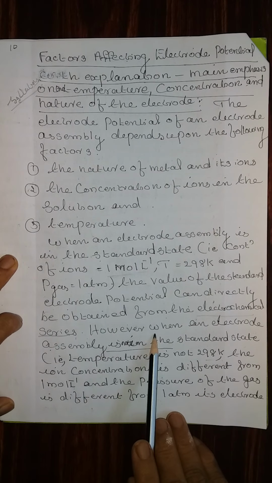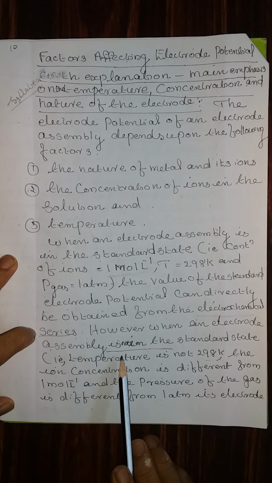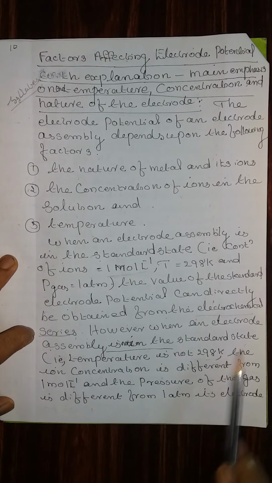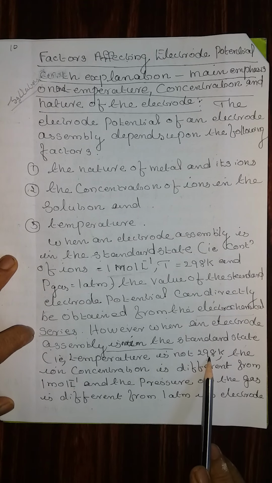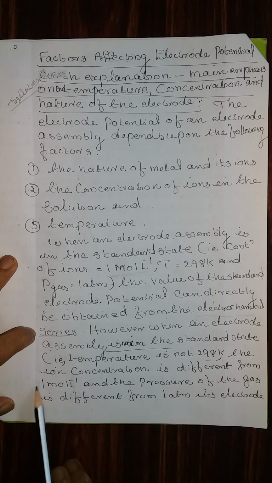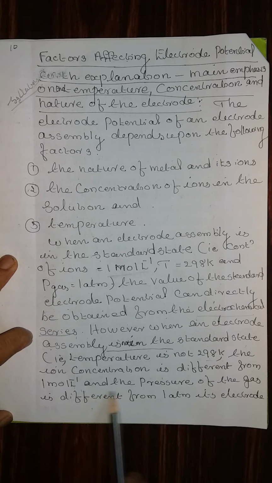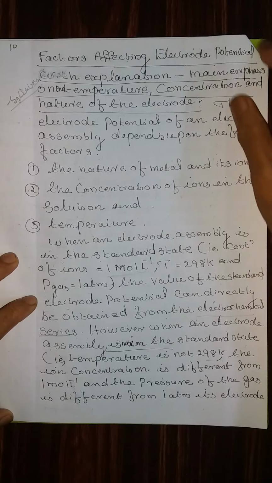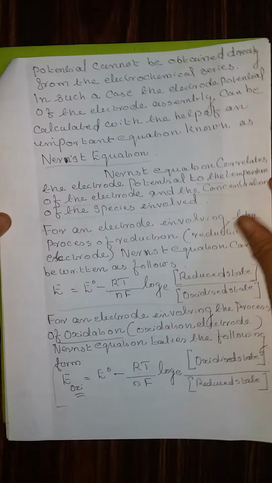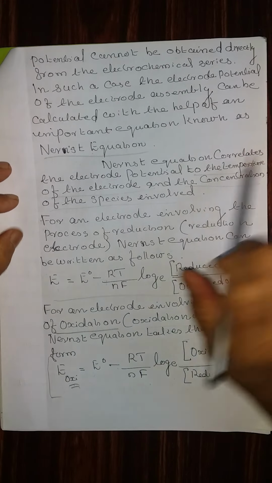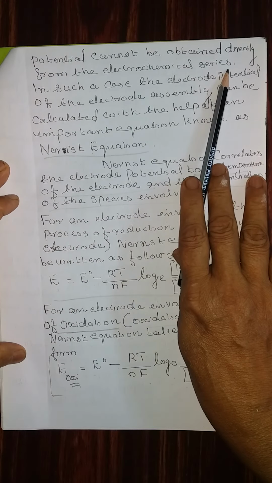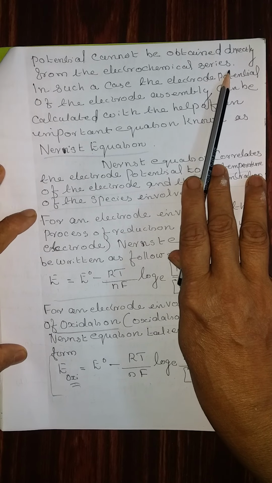Now, however, when an electrode assembly is not in the standard state, that is, the temperature is not 298 Kelvin, and its ion concentration is different from 1 mole per liter, and the pressure of the gas is different from 1 atmosphere, its electrode potential cannot be obtained directly from the electrochemical series, that is, from the table which is given.